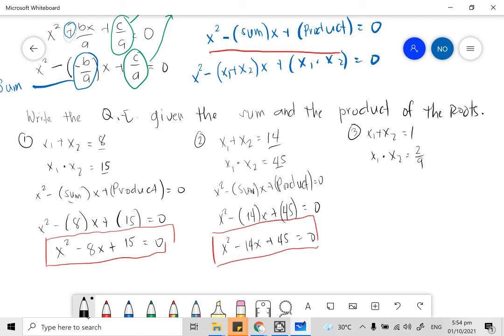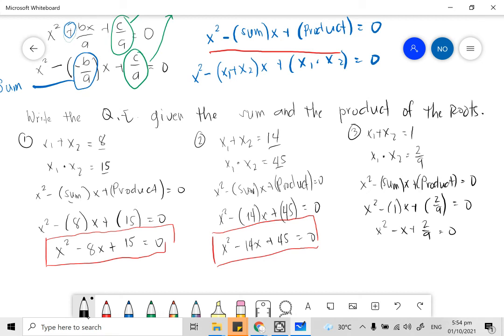Gamit pa rin yung formula, we have x squared minus the sum of the roots x plus the product of the roots equal to 0. So, substitute natin, ano ba yung sum? Ang sum natin ay 1 times x, and then ang product natin ay 2 over 9 equal to 0. Tanggalin yung parenthesis, distribute yung sign. We have x squared minus x na lang plus 2 over 9 equal to 0.